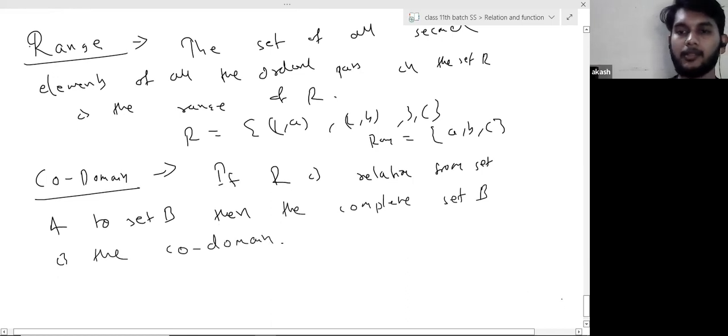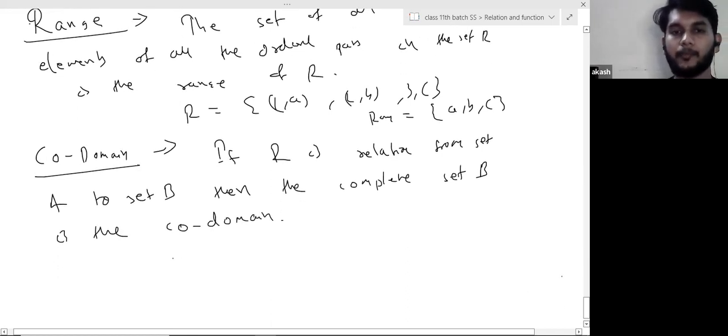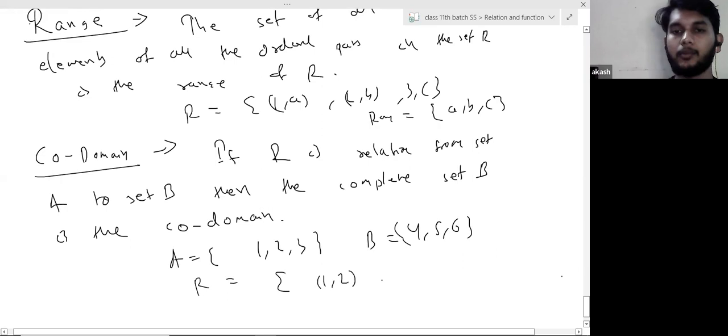All right. What does this mean? Suppose A is 1, 2, 3, and B is 4, 5, 6, and R is 1, 5 and 2, 4.